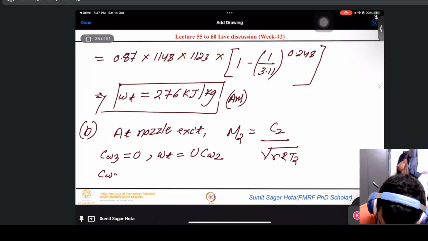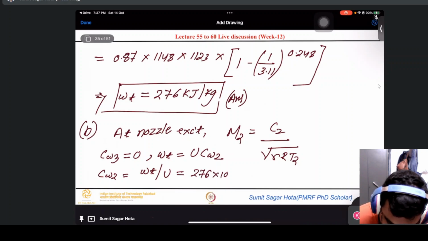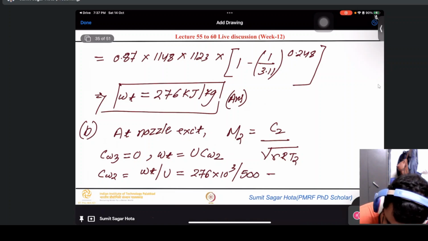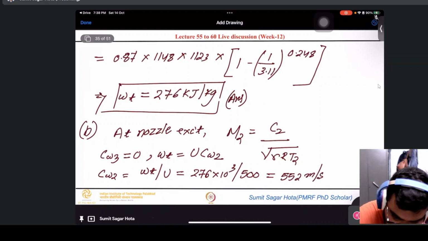So CW2 equal to WT divided by U, 276 into 10 to the power 3 divided by 500, 552 meter per second.